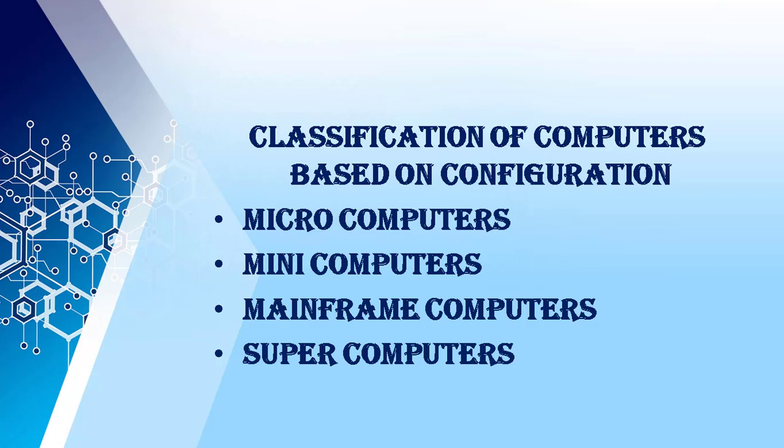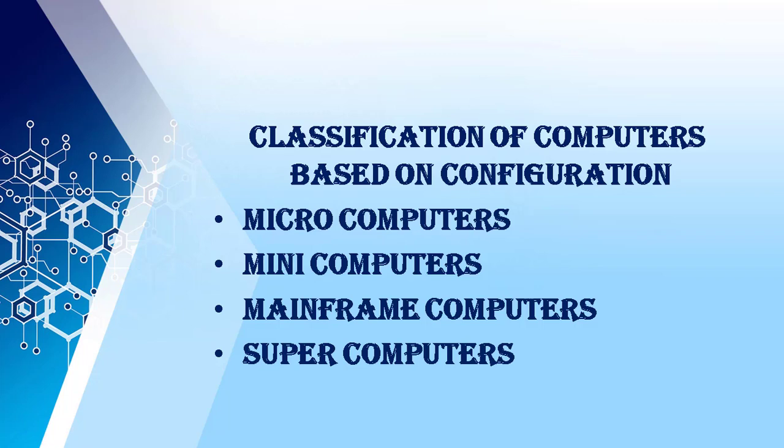The next type of computer is the mainframe computer. Mainframe computers were introduced in 1975. It was a large and expensive computer, more powerful than a mini computer. It consists of multiple processors, operates at a very high speed and has very large storage capacity.